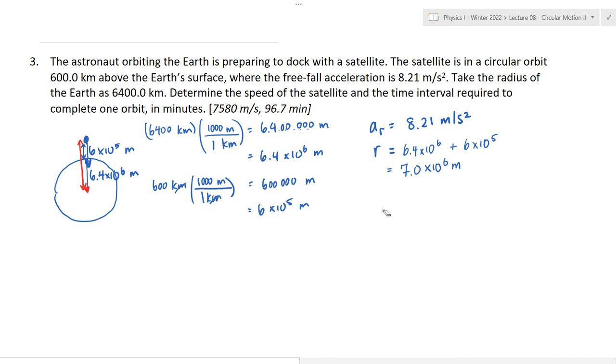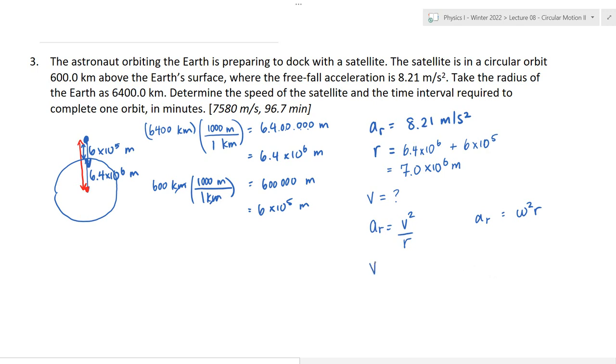Okay, so then the question is asking, determine the speed of the satellite. So it's asking for v. When it comes to radial acceleration, we only have two choices with equations: a_r equals v squared over r, or a_r equals omega squared r. This question's asking us for v, so we're going to use the first equation. We know a_r, we know r, and we're solving for v.